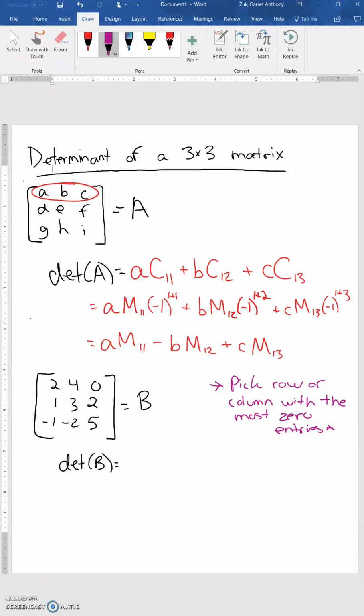In this case, we're looking at either row 1 or column 3. To match what we have up top here, I'm going to do row 1.